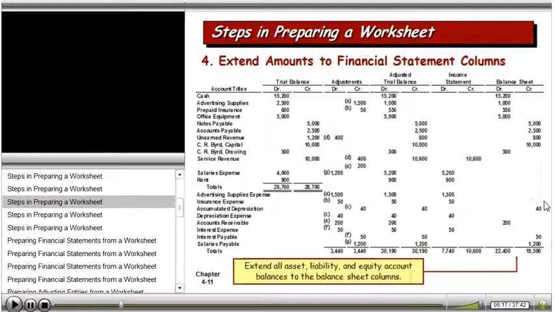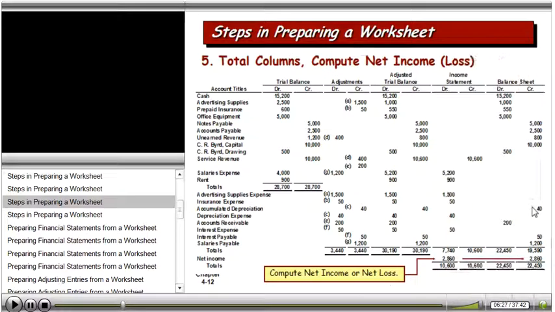It's the same difference between the income statement columns that we have in the balance sheet columns, or at least it should be. So we compute our net income or loss. Here you can see that we had an income of $28,060. If it had been a loss, it would have been in the credit column on the income statement and the debit column on the balance sheet.